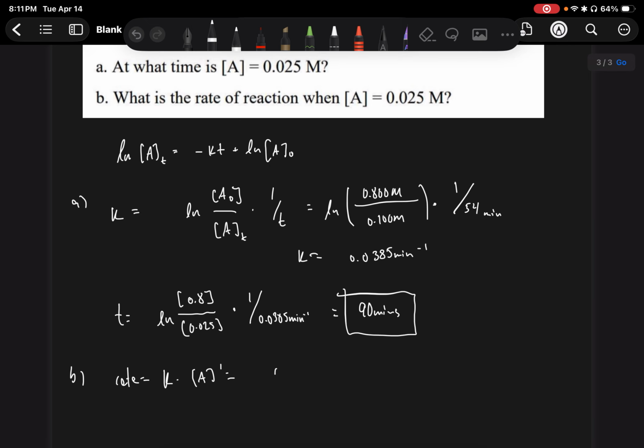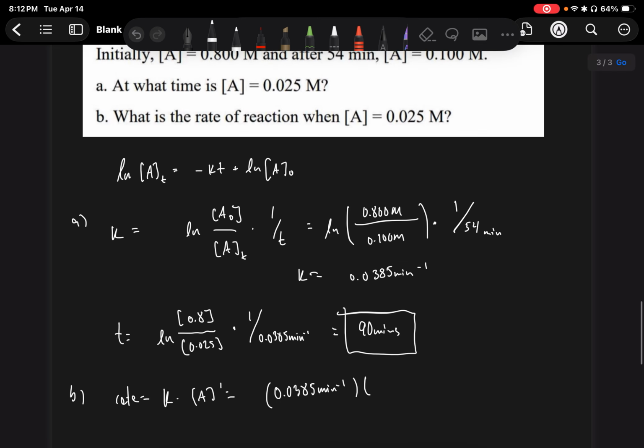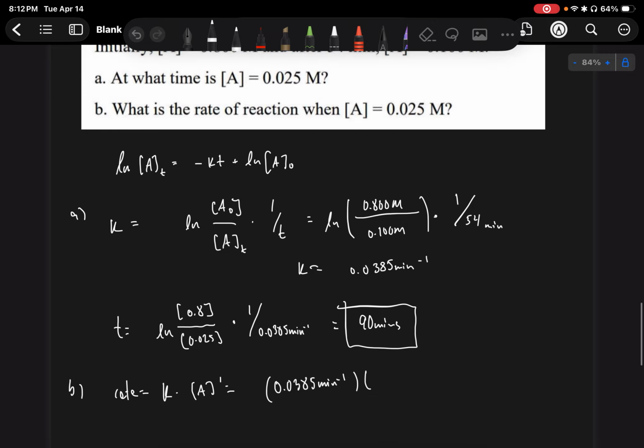K equals 0.0385 min^-1 multiplied by 0.025 moles per liter. That gives 9.63 times 10 to the negative 4. What's the units? Okay, there you go.